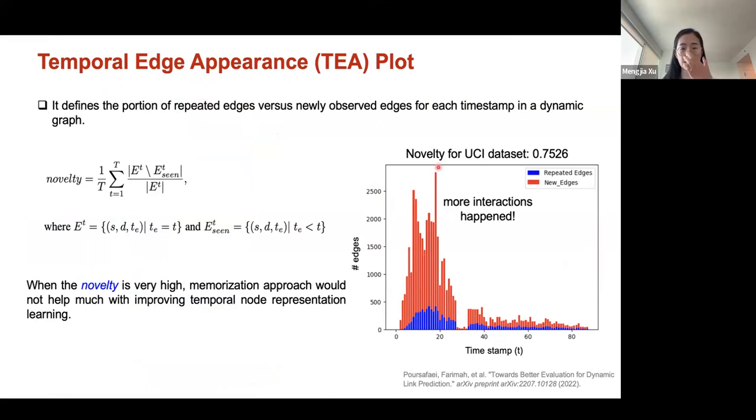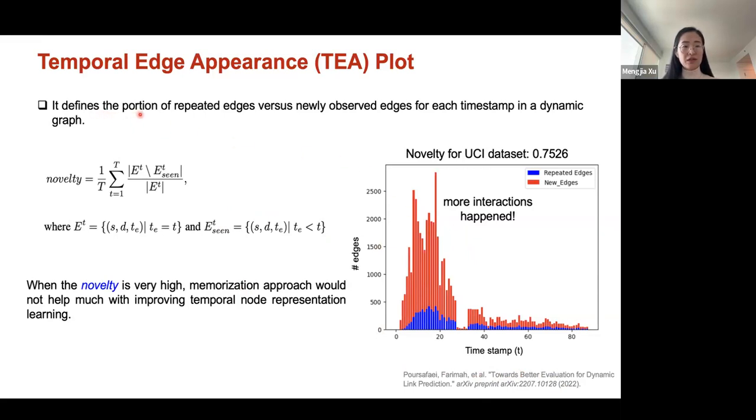Basically, it can help us quantify the temporal dynamics better than the growth rate of edges in my previous slides. This metric is very important and very useful. It was proposed in a paper in 2022. And we call this the T-plot.